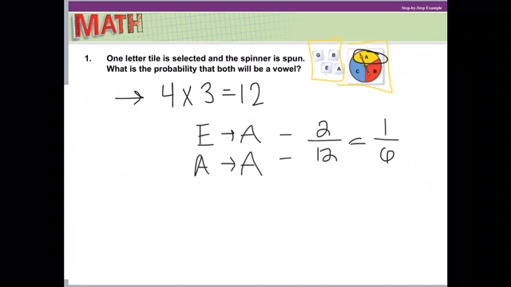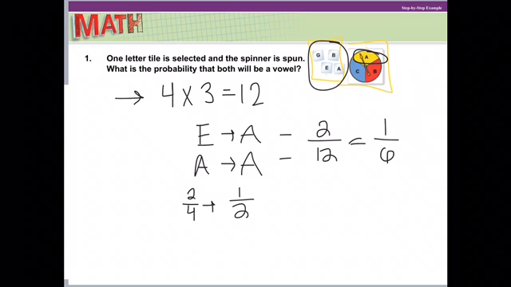Now, another way to solve this, like we said with the definition of independent events, is that you can multiply the probability of the first event happening by the probability of the second event happening. So for this one, the probability of selecting a vowel with the letter tiles is 2 out of 4, or 1/2.